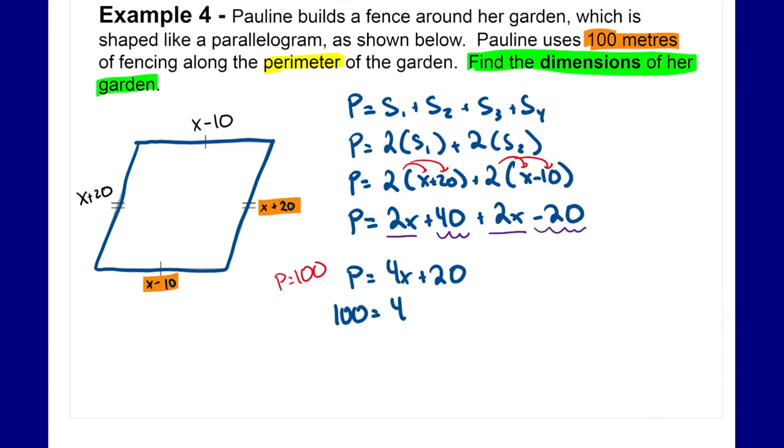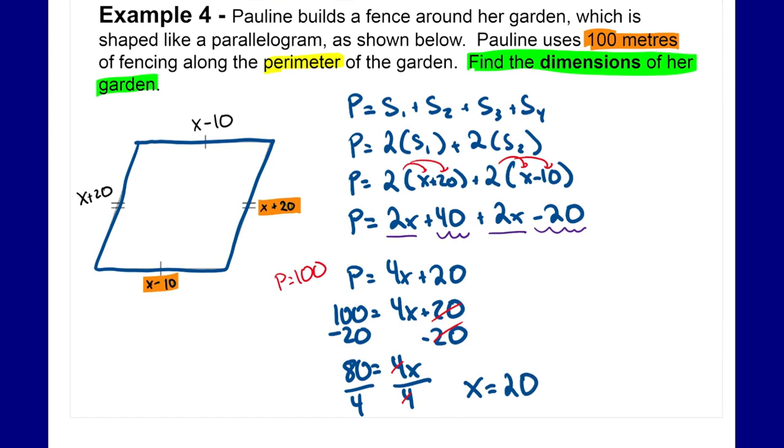So 100 equals 4x plus 20. I have a two-step equation. Cancel out the non-variable term, balance it out. 80 equals 4x. Divide both sides by 4. One side cancels out, and I'm left with x equals 20.